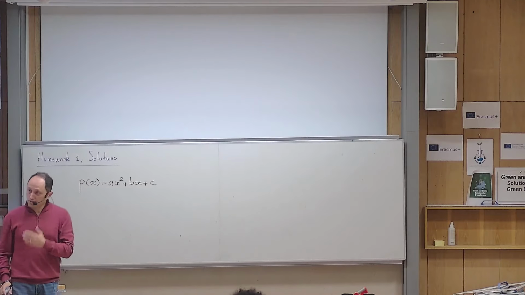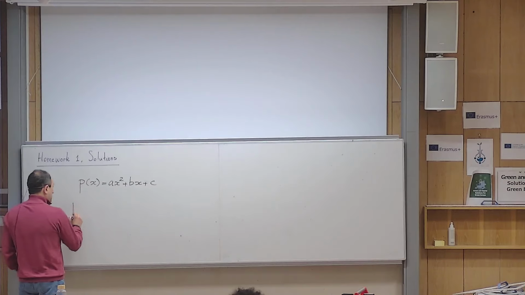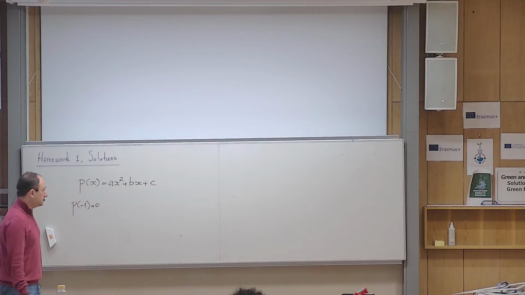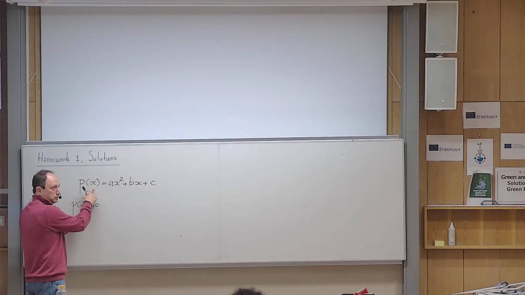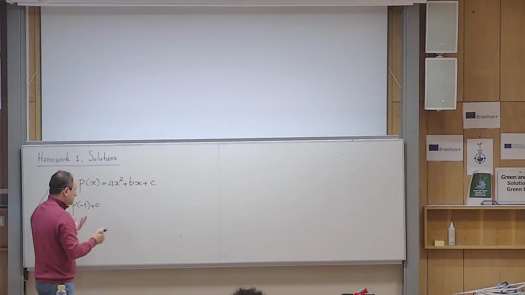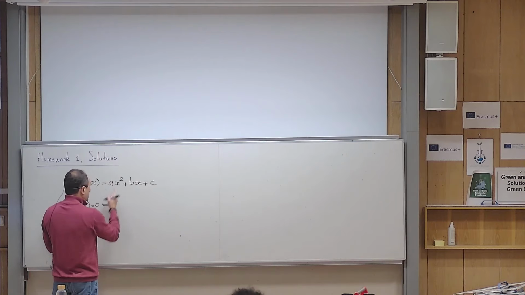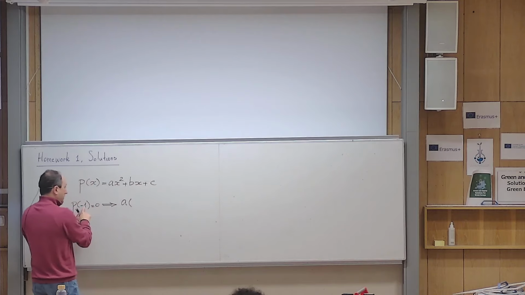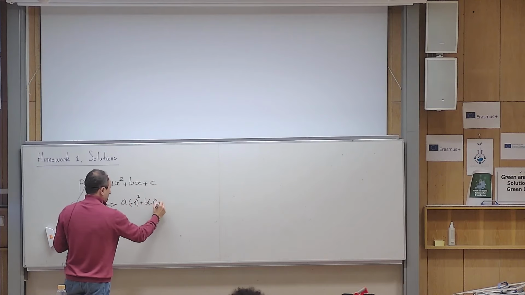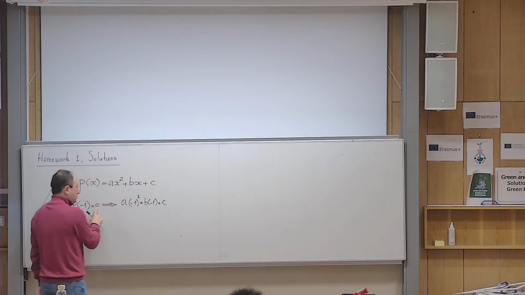The first piece of information tells you that p of minus 1 is supposed to be 0. So what does it mean? It means that if you go to your polynomial and replace x with minus 1 everywhere, the input is minus 1, the output is 0.